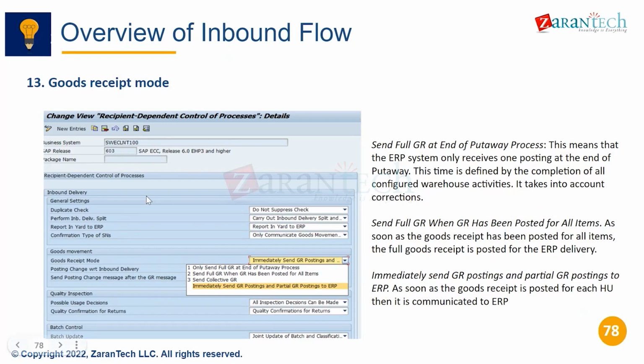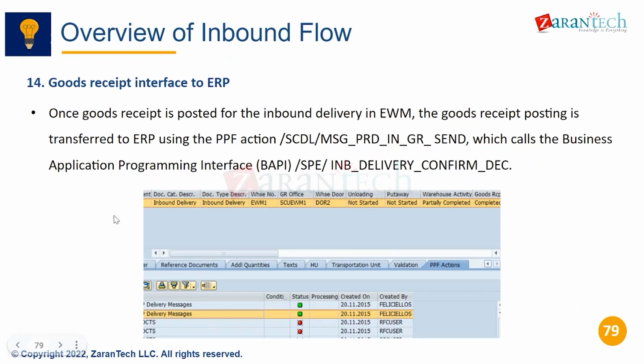Based on this setting, you'll be able to achieve that. Got it? For inspection also, you can see when it should be sent, and that controlling of the goods movements to send it back to the EWM system will be done here.